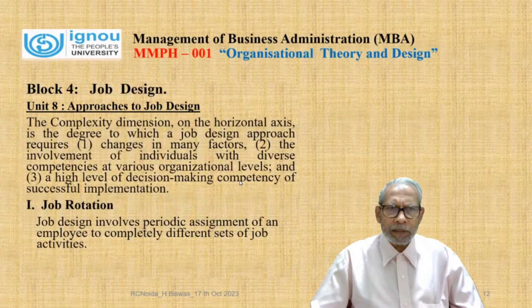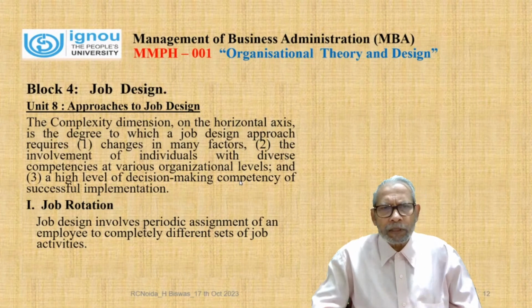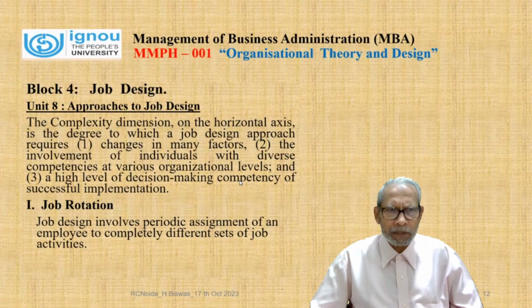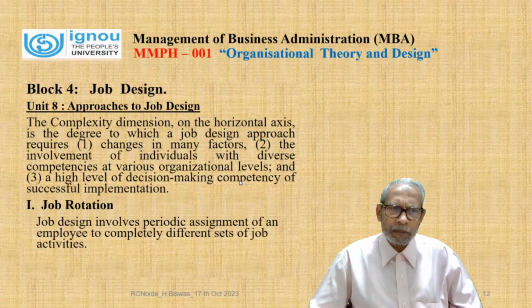Now the complexity dimension on the horizontal axis is the degree to which the job design approach requires changes in many factors, the involvement of individuals with diverse competencies at various organizational levels, and a high level of decision-making competency for successful implementation.